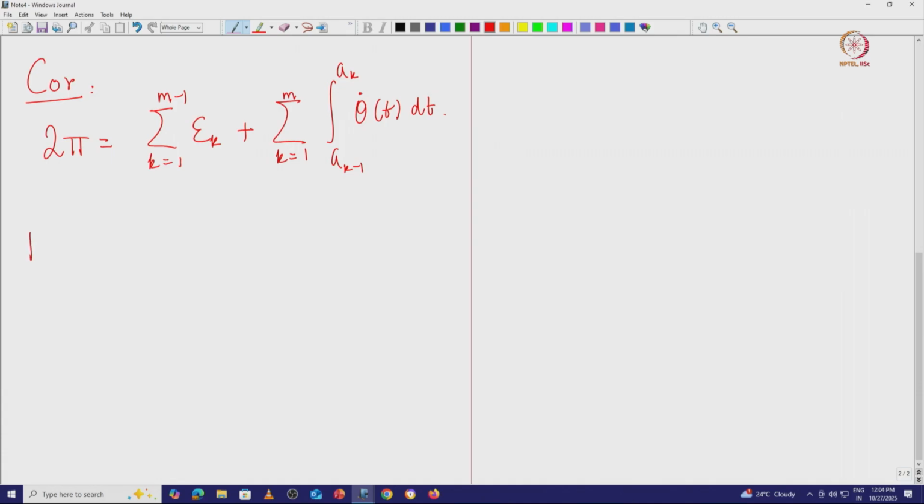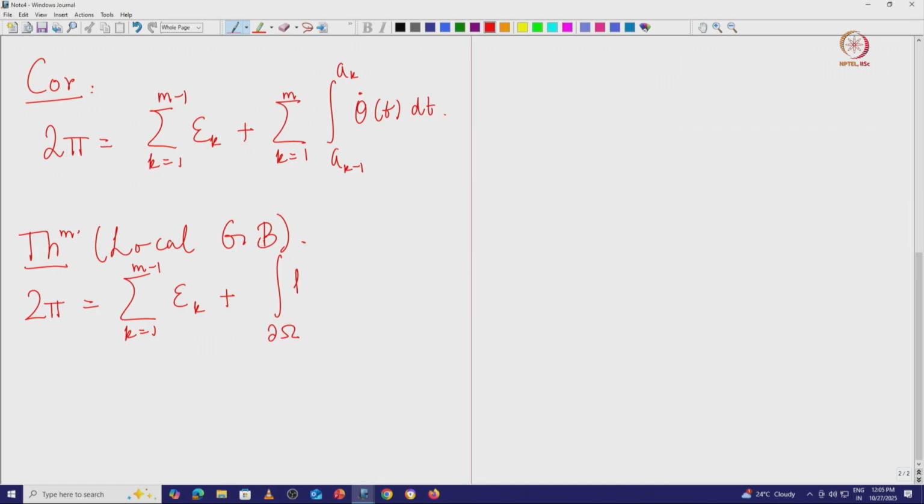So let me remind you what the local Gauss-Bonnet was. In the local Gauss-Bonnet, we are required to prove the following formula, that 2 pi is the summation of the external angles plus the integral of the normal curvature of gamma on the boundary plus the integral of the Gauss curvature on the polygonal region.